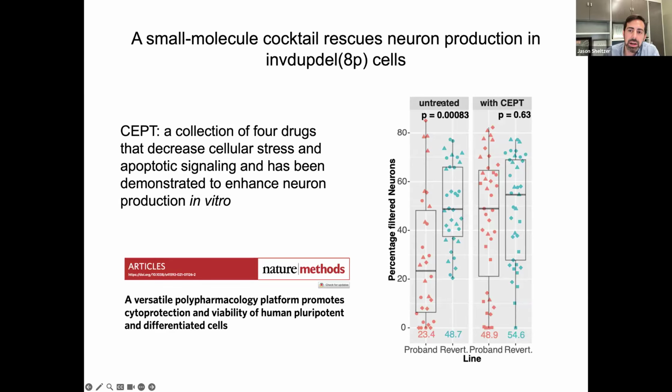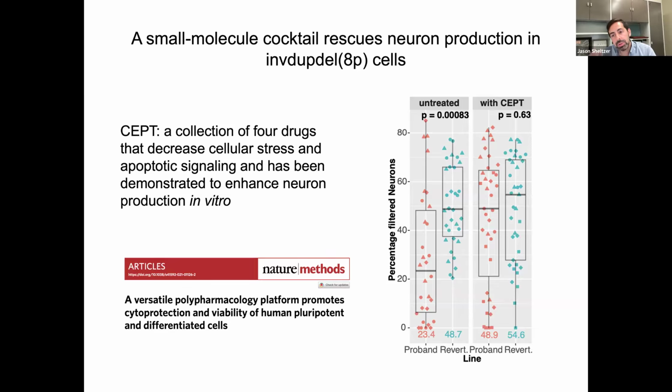In the absence of CEPT, this is basically the experiment that I showed you on the previous slide. Cells with the inversion duplication deletion on 8p produce significantly fewer neurons than cells in which the rearranged copy of 8p has been eliminated. The cells with a normal karyotype produce significantly more neurons.